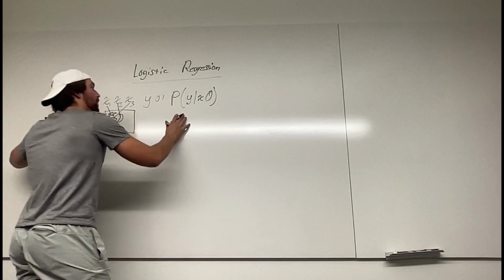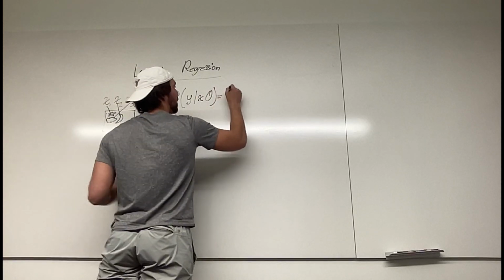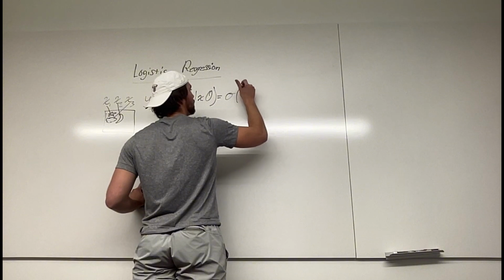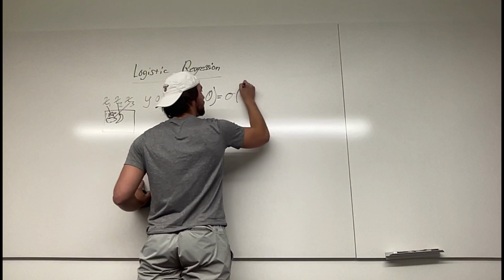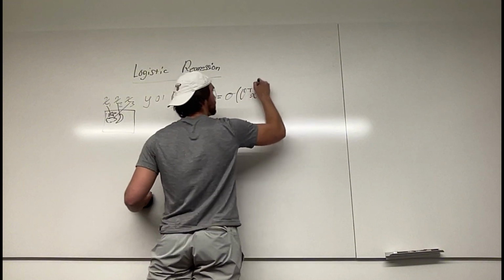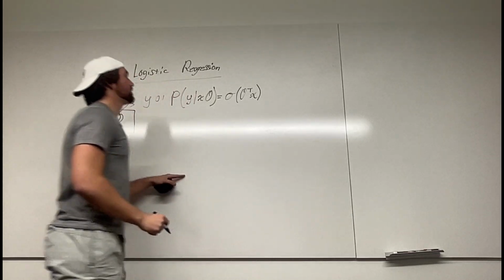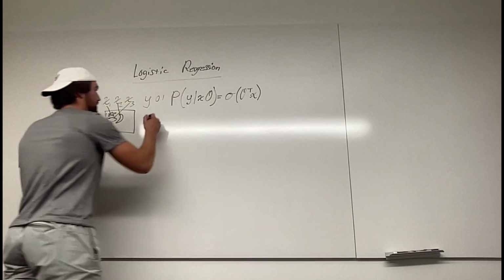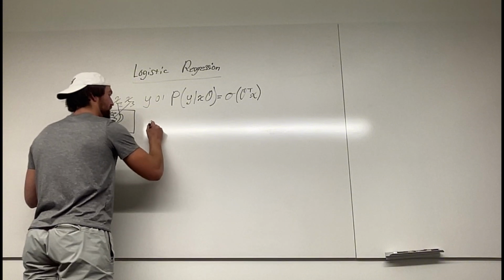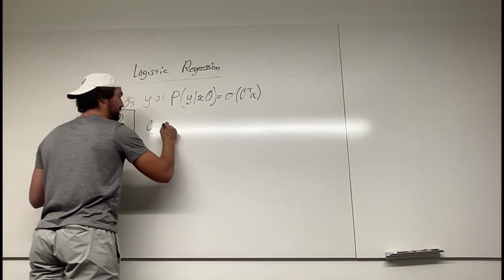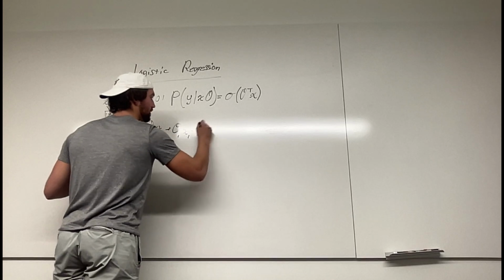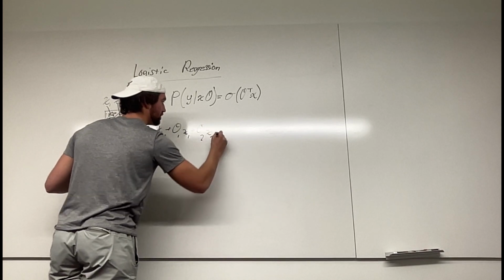Well, my argument to you is that this probability is going to look like the sigmoid function of theta transpose x. And this value looks like this. It looks like theta naught x naught plus theta 1 x1 plus theta 2 x2, and so on and so forth.